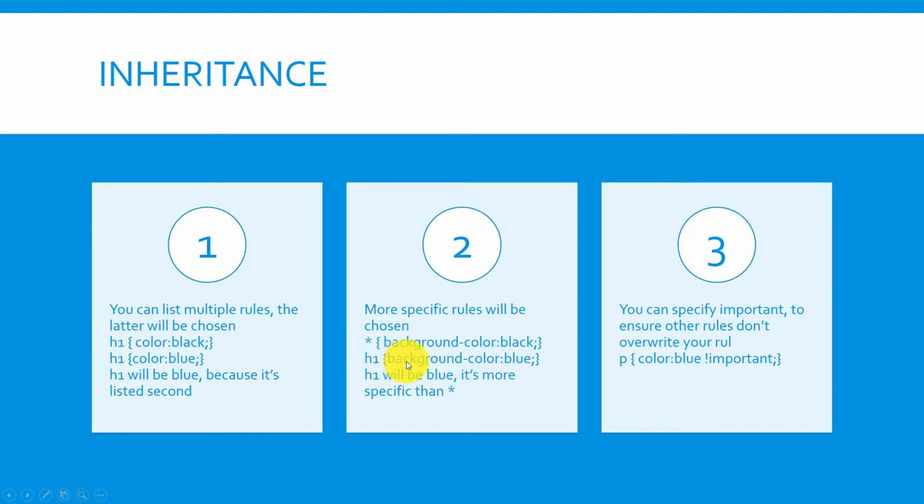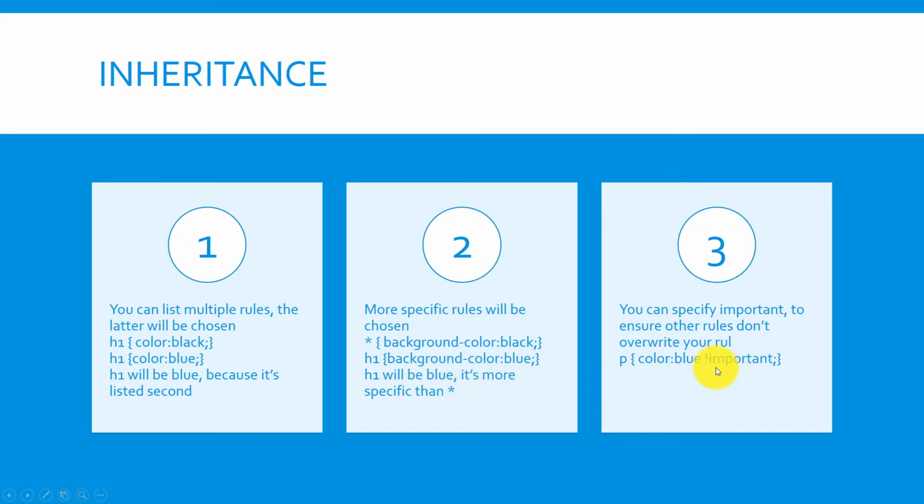And so wherever it finds an H1 element, it's going to follow that, and it's going to be blue, even though you're telling it up here all elements be black, because it will always choose the latter rule. It will also always choose the more specific rule. And you probably won't have to worry about that too much, but it's just good to have in mind.